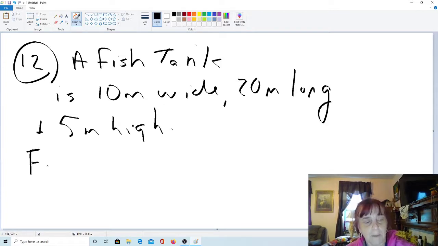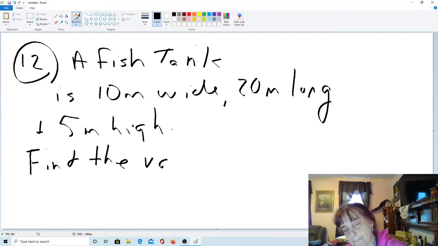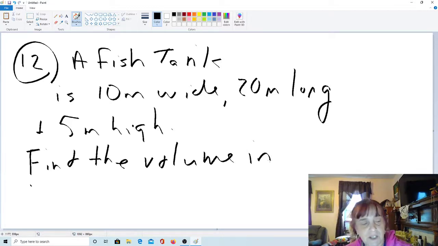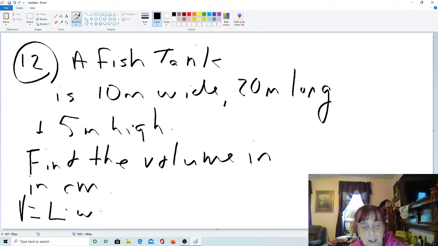Find the volume in centimeters. Okay, a three-dimensional fish tank. It's a rectangular solid, so the volume is the length times the width times the height. So you have to convert everything to centimeters.